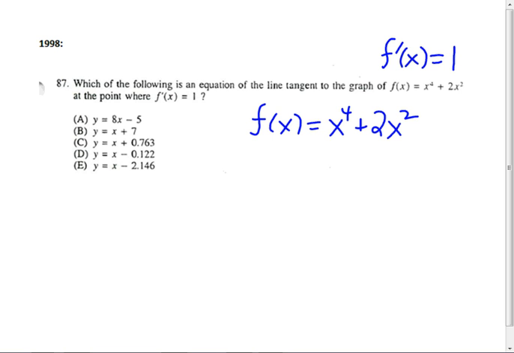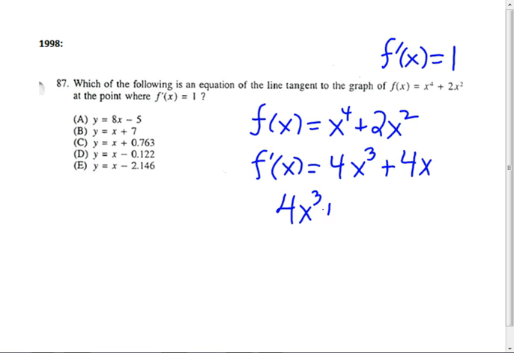Okay, so I want the equation of the tangent line. I have a quartic. I want the slope to be equal to 1. So what am I going to do? Take the derivative. This is where you need the calculator. f prime of x is equal to 4x cubed plus 4x. And now I want 4x cubed plus 4x to equal 1. Oh, I have to do this the old-fashioned way.